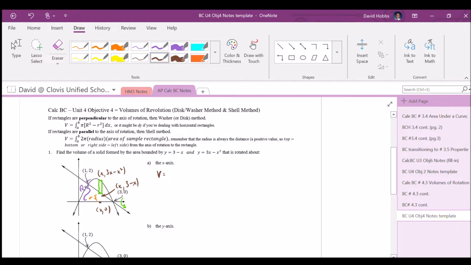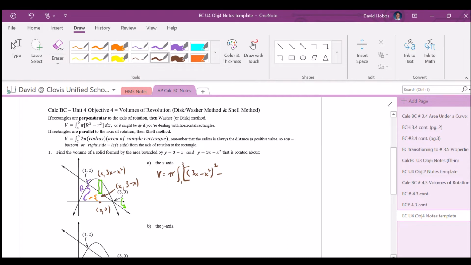So volume, everything's in terms of x's. So pi, and it goes from 1 to 3. And my big R is top minus bottom, so 3x minus x squared minus 0. Big R squared minus the little r.